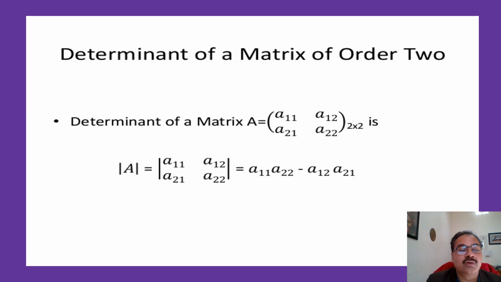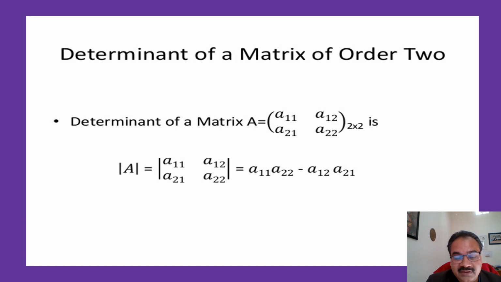Now if you move forward, take a 2 cross 2 matrix A with entries a11, a12, a21 and a22.